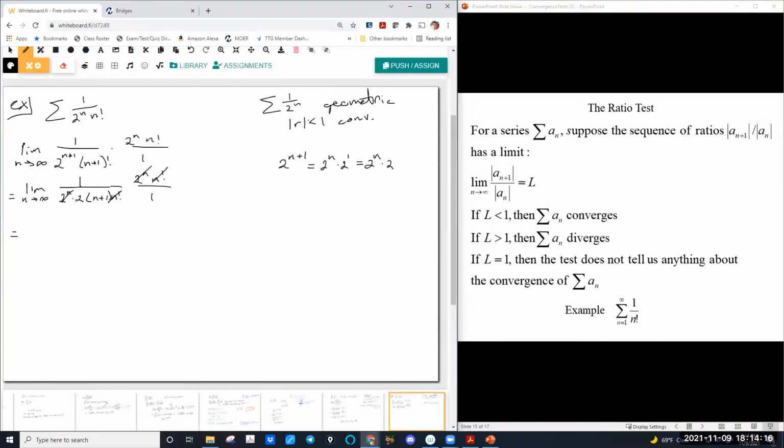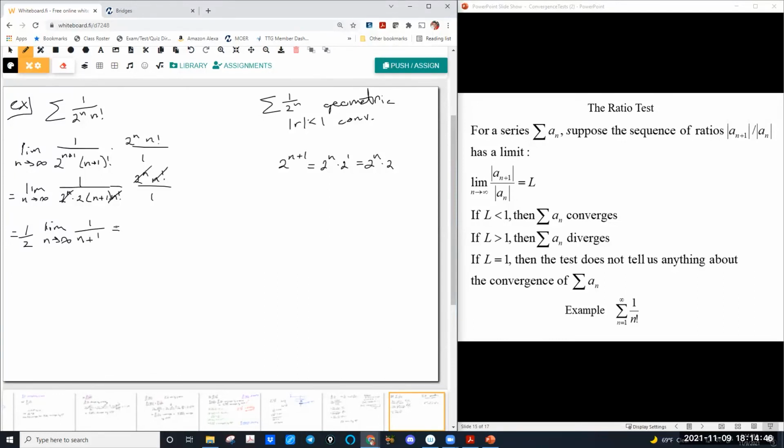That 2 is a constant. One of the things you're going to see me do, which will be more useful when we get into power series, is pull that 1/2 out front. I get left with the limit as n goes to infinity of 1 over n plus 1.